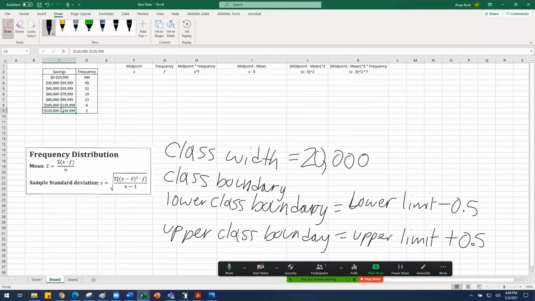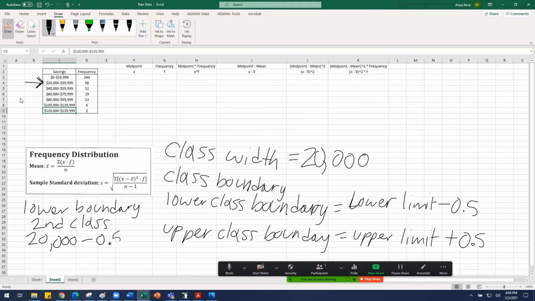So if I was being asked to find the lower boundary of the second class, you would go to the second class, which is up here. You take the lower limit, 20,000, and you minus 0.5. That gives you 19,999.5.